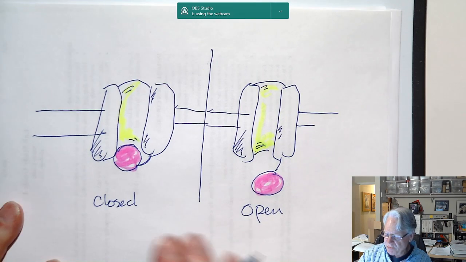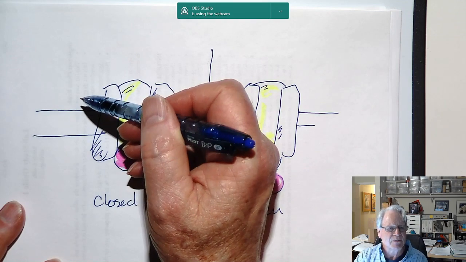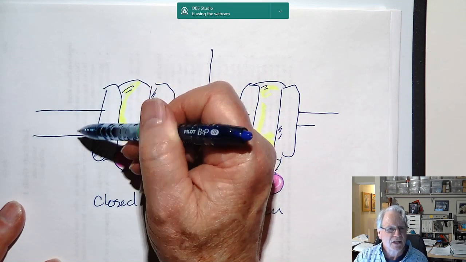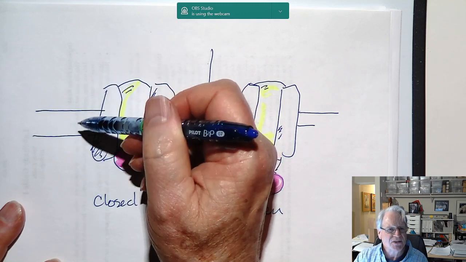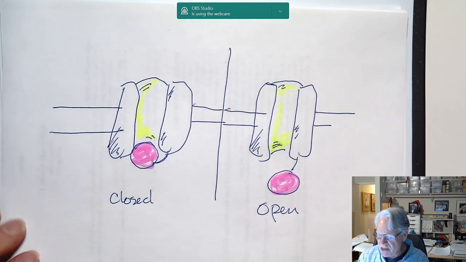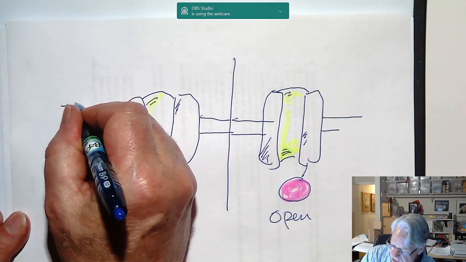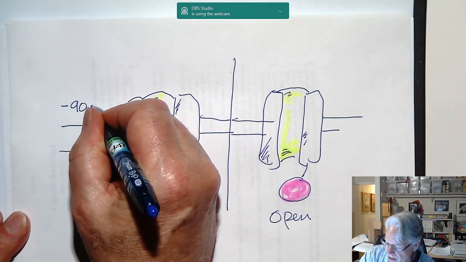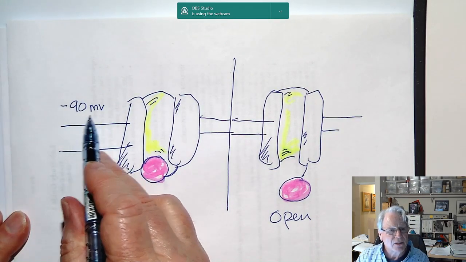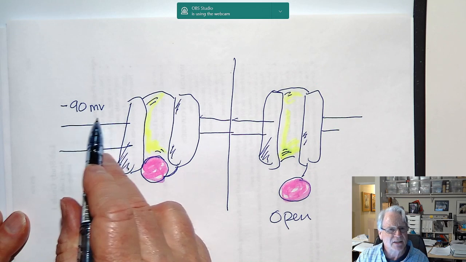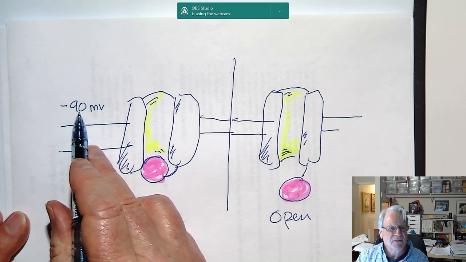If we were able to get a little voltmeter, and people have built these little voltage meters that can measure the difference in voltage across the membrane, typically for a typical cell in your body the difference is going to be somewhere about 90 millivolts. That's your homeostatic condition: a difference in charge across the membrane of 90 millivolts.